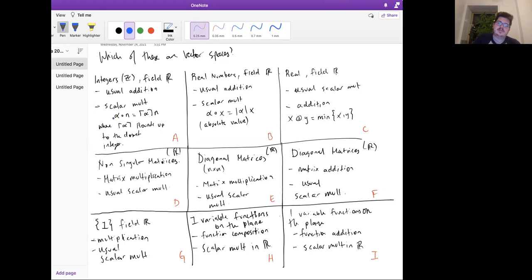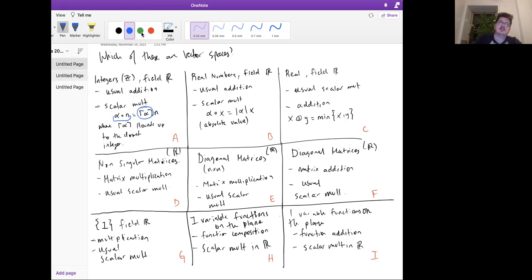If I do a real number times an integer, I'm calling that multiplication by just rounding up the number to the closest integer and then multiplying. Does that make sense? That's how I'm defining scalar multiplication.